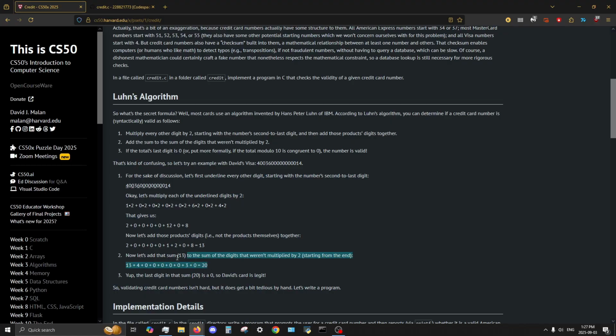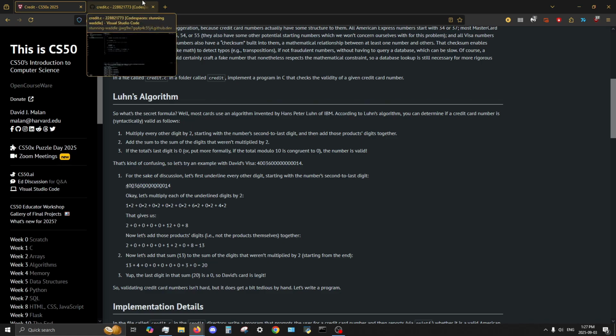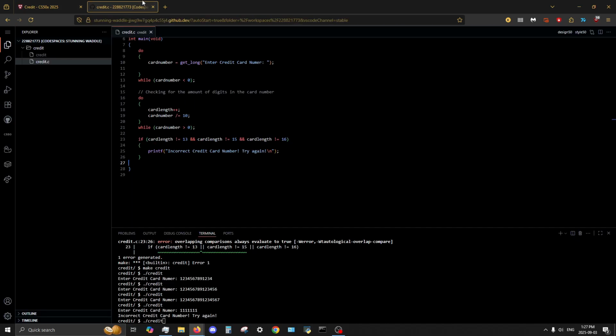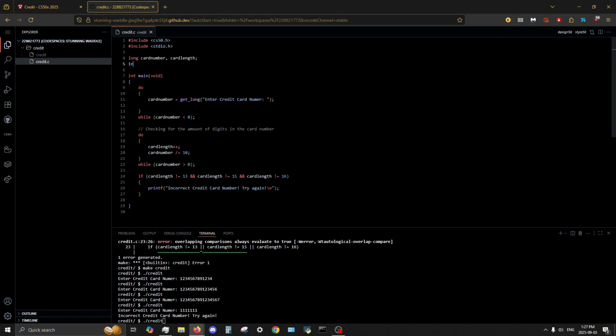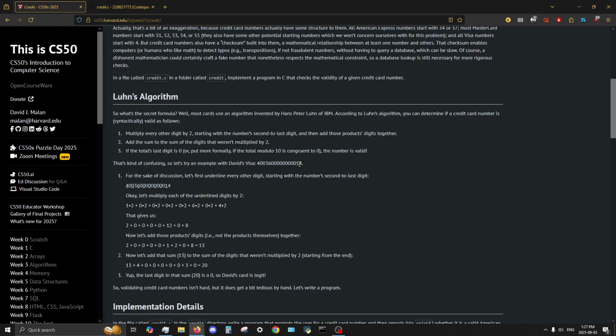And then I think at one point it will depend on what is the value of the card number. Okay, and then we need to add things, right? So there's two sets of numbers that we're adding, numbers that are underlined and numbers that are not underlined.